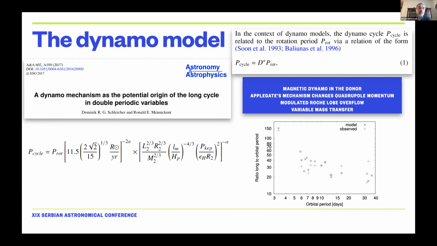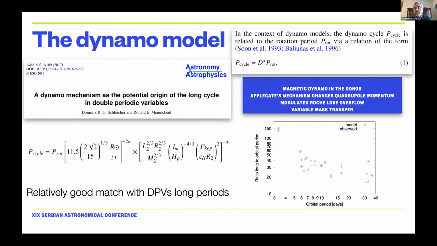The constant of proportionality, or the factor in this relation, has to do with the physical parameters of the donor, like luminosity, radius, and mass of the donor. When comparing the model prediction versus the observed data, with pluses in this graph for observed and asterisks for model data, we observe a relatively good match.